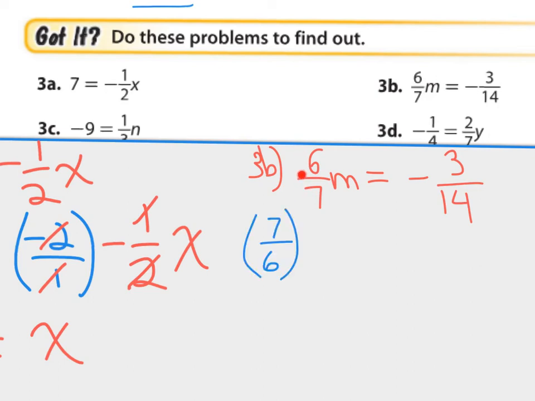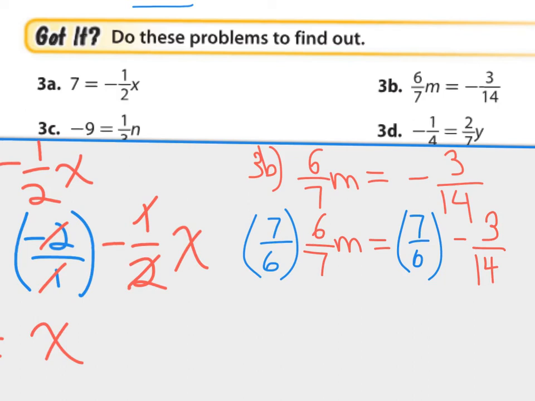The multiplicative inverse is this fraction flipped, so it becomes 7 over 6. And that's going to be multiplied times 6 over 7, m, equals 7 over 6 again, times what we already had on this side, which is -3 over 14.